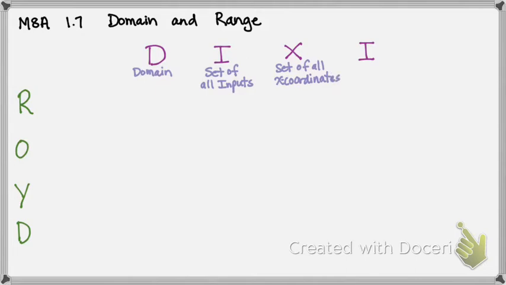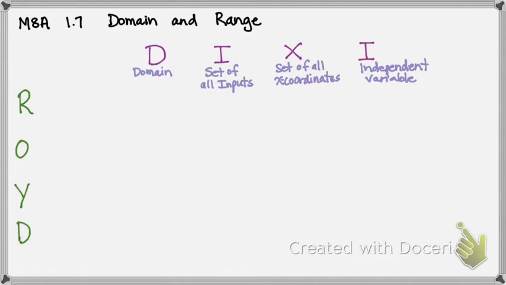There we go, that's better. And I stands for the independent variable. So across our 3 slides, we talked about relations 3 ways, and this is just putting it all in a nutshell. So for D as domain, it's the set of all inputs, the set of all X coordinates, and it is the independent variable.